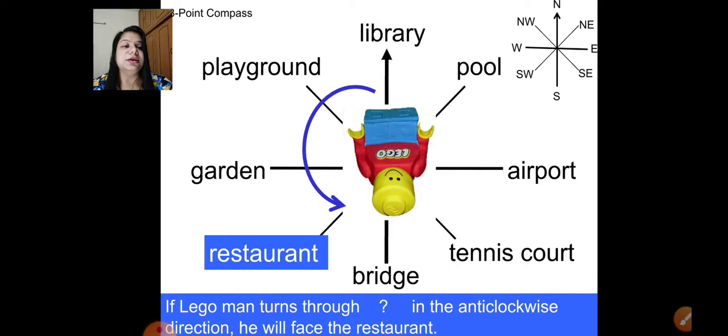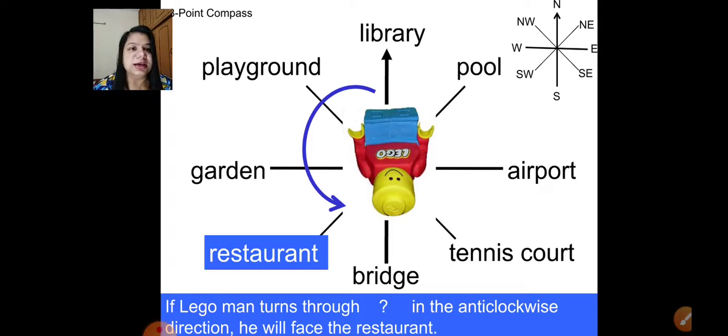Now how much angle is turned? Just check. If he has to turn in anti-clockwise direction and face the restaurant, from the library to the restaurant, 45 degree angle is moved 3 times.